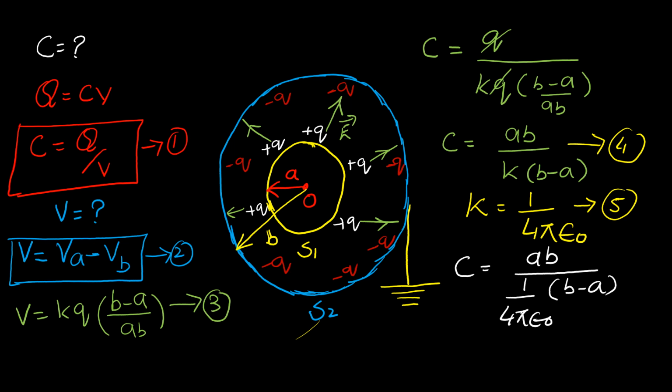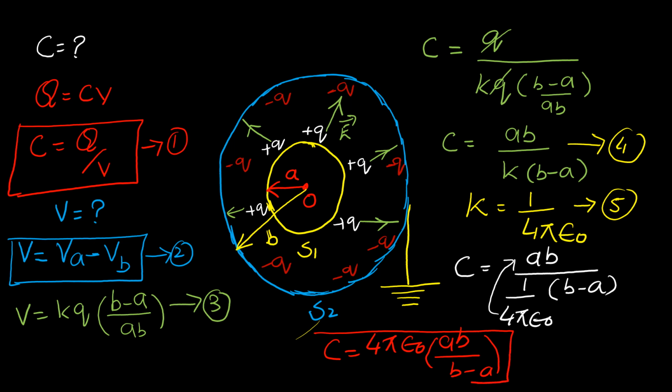So this 4 pi epsilon naught will go upward, and we get capacitance C is equal to 4 pi epsilon naught AB divided by B minus A. So, dear student, this is the value of capacitance whenever the external sphere of a spherical capacitor is grounded.